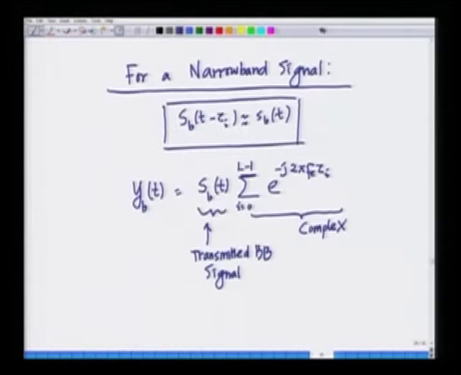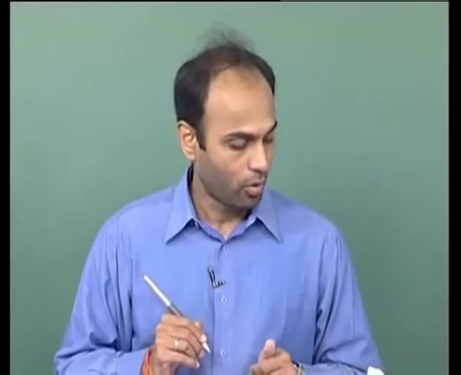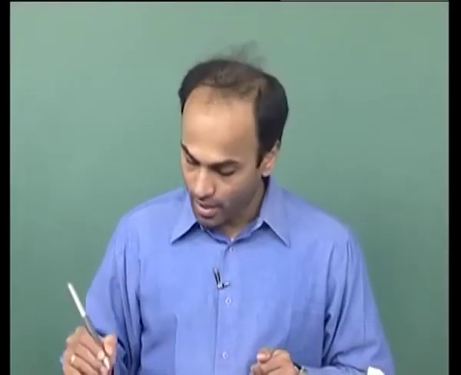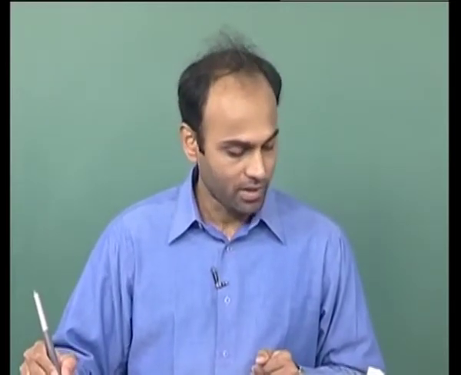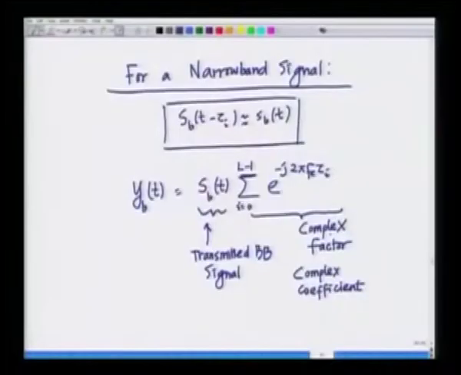Not just a phase factor, but a complex coefficient. So, the output y B of t is s B of t, the input, times a complex coefficient. And this has a name, it is known as the complex fading coefficient. We will see the reason for this soon.